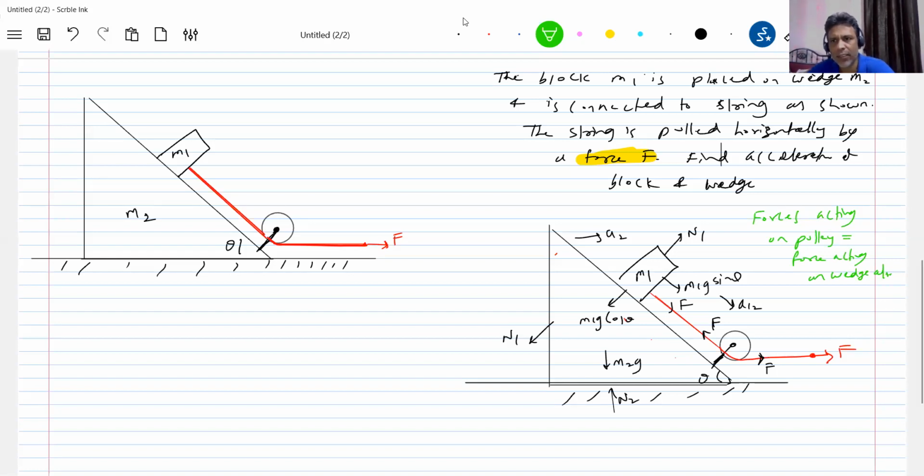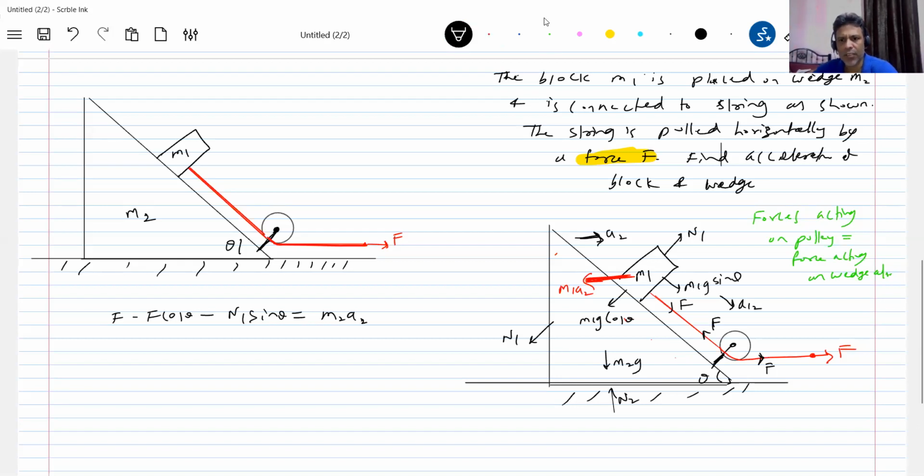Okay, let's write the equation. For the first equation we'll write for the wedge itself: F minus F cos theta minus N1 sin theta equals M2A2, the acceleration of the wedge. Then for the block, since we are describing motion of the block with respect to the wedge, I have to take a pseudo force.